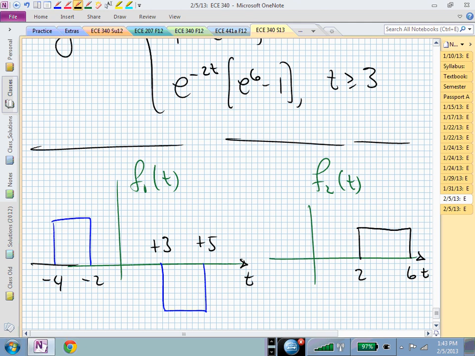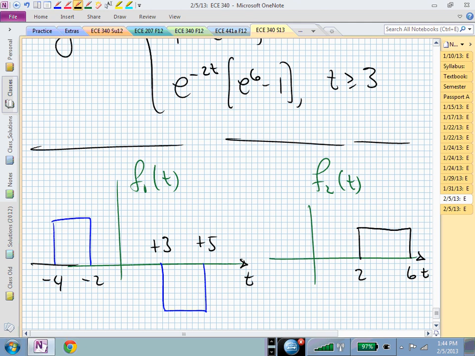So now here's my input. Relative to this line in the sand that I'm labeling as t equals 0, I'm going to actually start at -4. So now I hit this system at -4. When am I going to see anything happen? 2 units later, isn't it? This guy responds 2 units after he's hit.